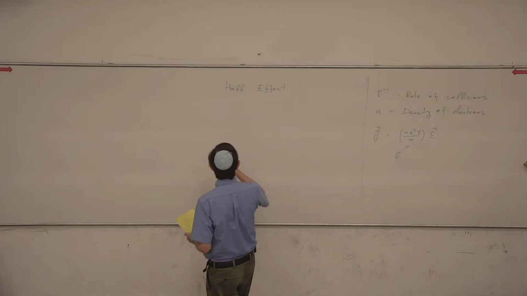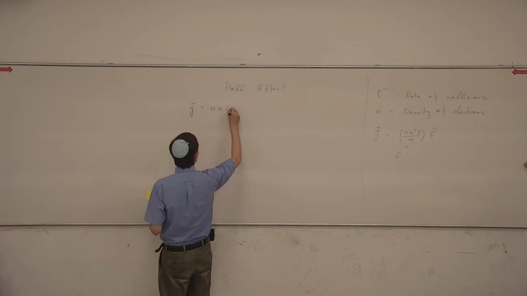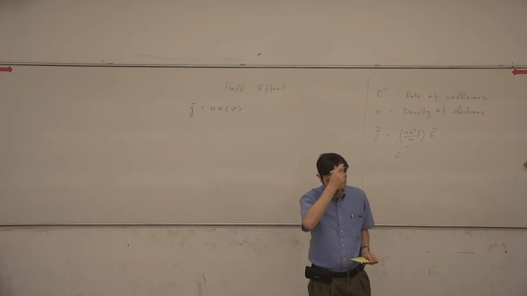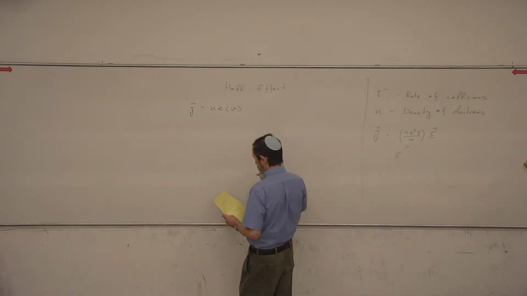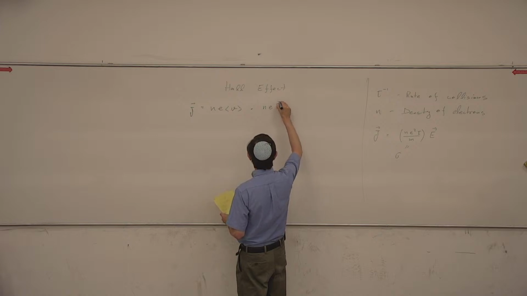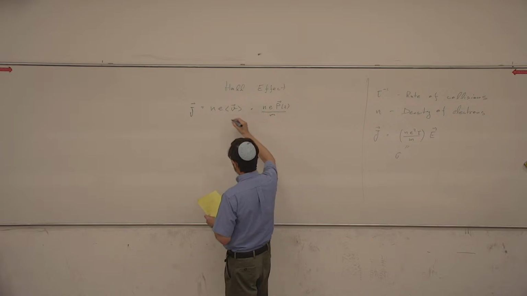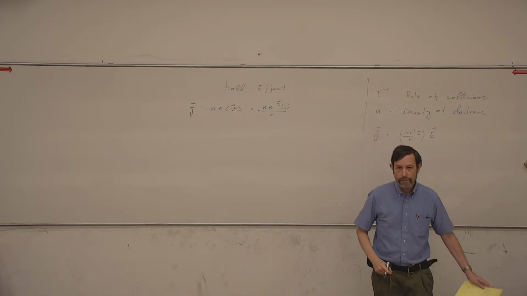Well, basically, you remember we started by the simple definition of what is current: density times charge times average velocity. We had, of course, a minus, and I'm rewriting it as a function of momentum.